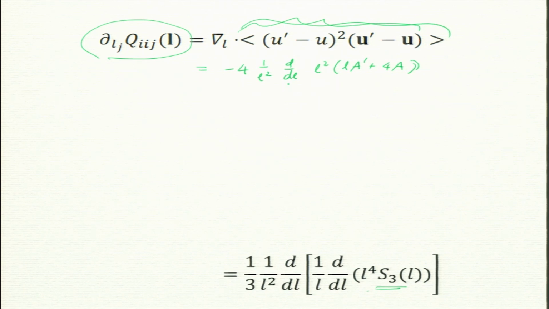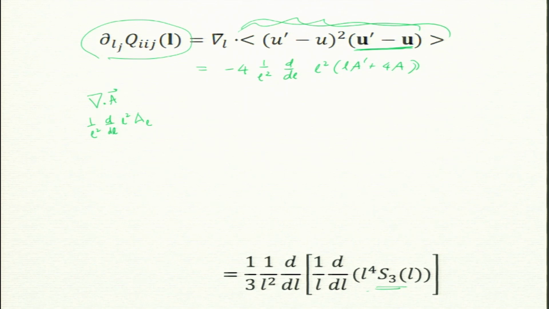The divergence will be in spherical polar coordinates. Now, this I want to emphasize, spherical symmetry. What is the divergence in spherical polar coordinates? Divergence of vector A is 1 by L square d by dl L square AL component. It has only the AL component. That is why this is along the L direction, u prime u is along the L direction, isotropic.